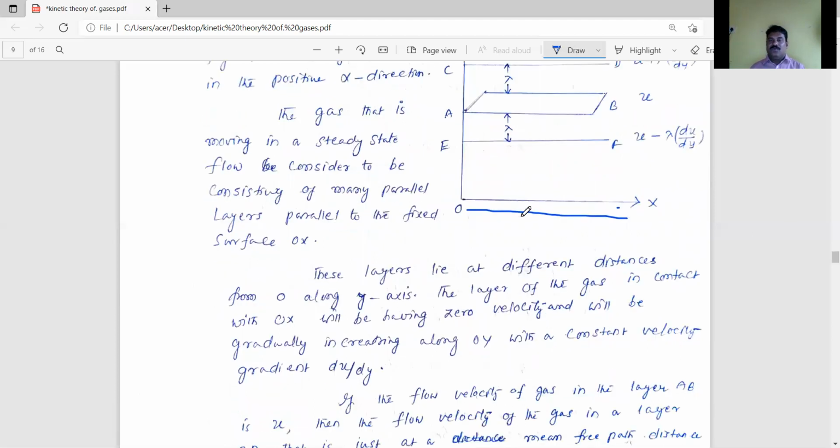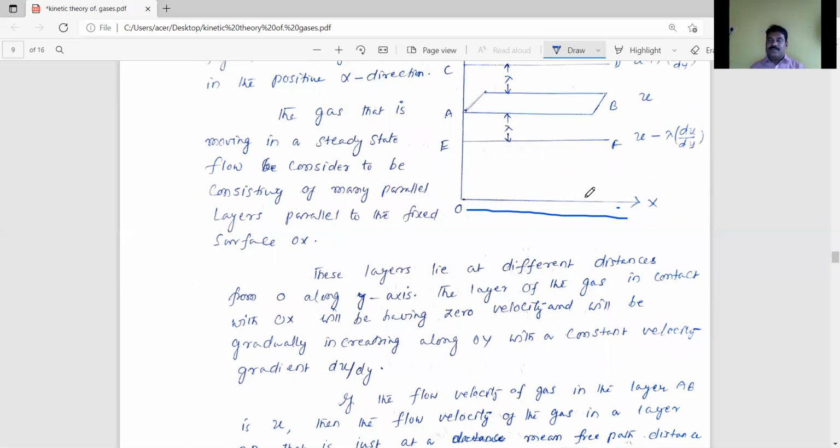Now, as the gas is moving along the OX axis, the layers of the gas which are in contact with the OX axis, let us assume that they have zero velocity. OX యాక్సిస్ తోటి కాంటాక్ట్ లో ఉన్నటువంటి లేయర్స్ యొక్క వేగము శూన్యంగా భావిద్దాం.